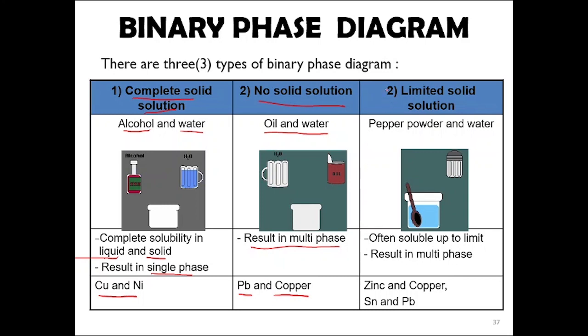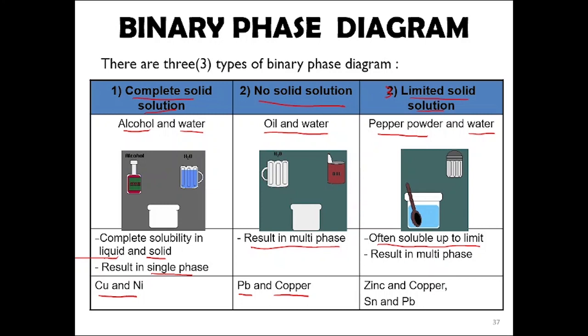And then the third one, we have limited solid solution. For example, here we have pepper powder and water. And previously, the example was hot chocolate. For pepper powder and water, it is soluble up to a limit. At a certain percentage of pepper, you can see the pepper powder will mix together in the water.